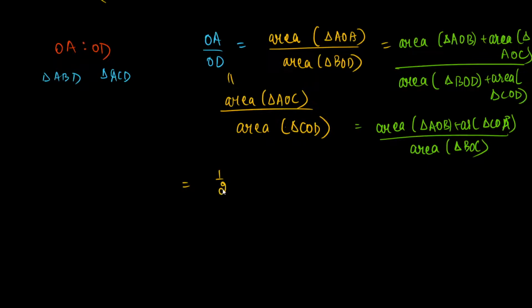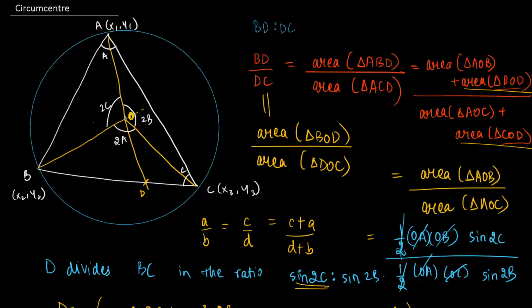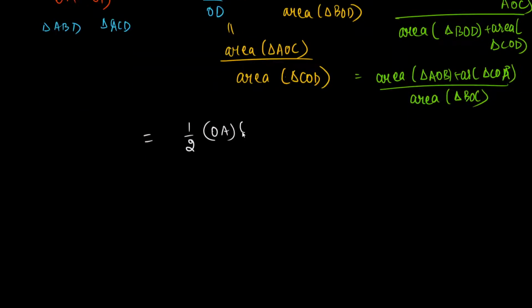So this ratio is going to be equal to half times OB into OA into the sine of angle 2C, and similarly, for the area of triangle AOC, half into OA into OC into the sine of 2B.